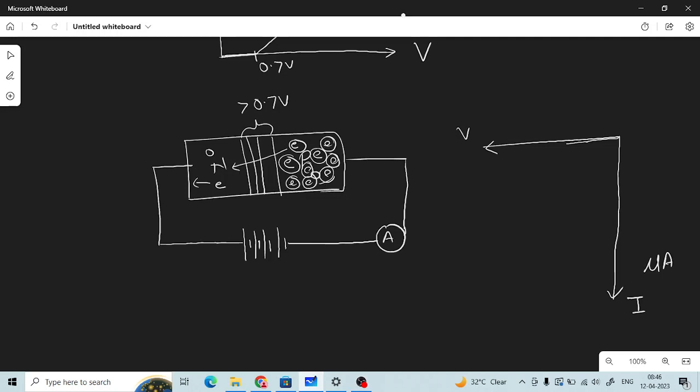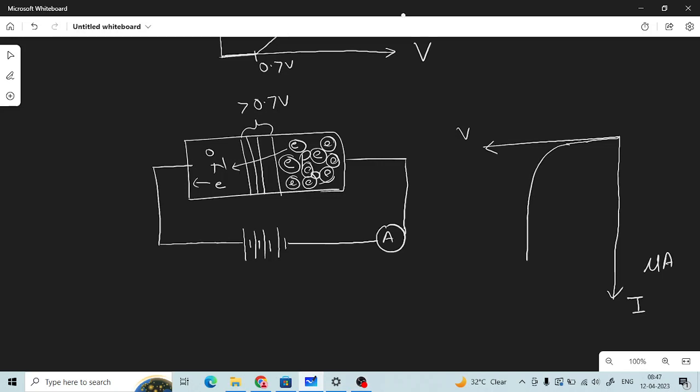So one electron will strike one atom, it will create two electrons. Now these two electrons are moving very quickly, at very high speed, and they will strike other atoms. So other atoms will also give out electrons, and thus the number of electrons will increase. And because the number of electrons moving increases, the current will suddenly increase.